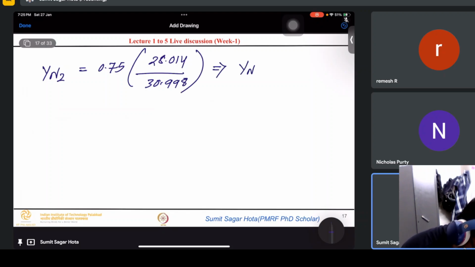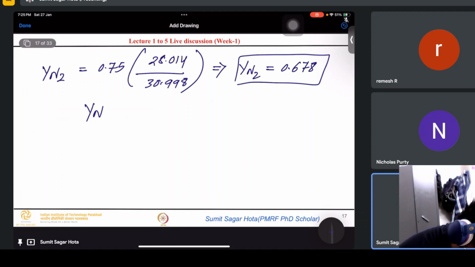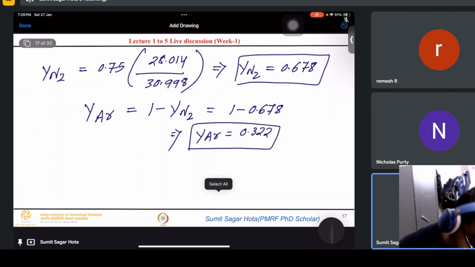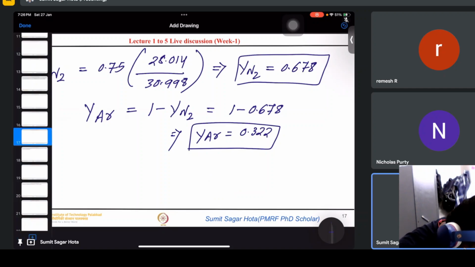So y of N2 is about 0.68. What is y of argon? 1 minus y of N2, so y of argon is equal to about 0.32. Already we have done this.